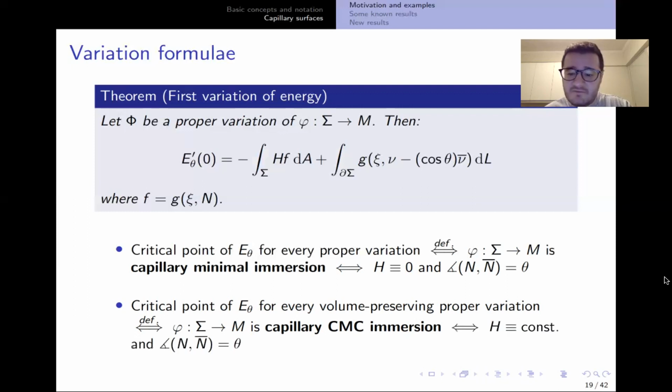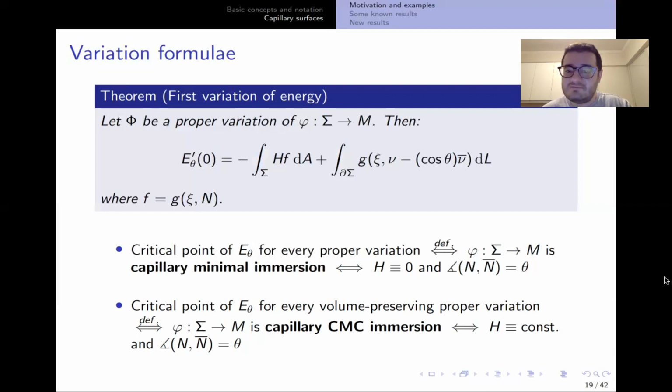And just like before, this happens exactly when the mean curvature of the immersion is constant and the angle that the normal of the surface makes with the normal of the ambient manifold is equal to theta. So this is the definition I like. Instead of just giving this last part, a capillary minimal immersion is just a minimal surface which intersects the boundary in a constant angle.